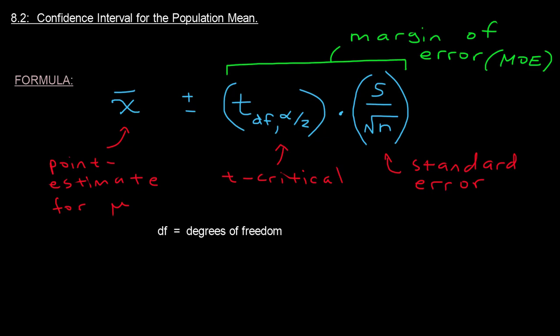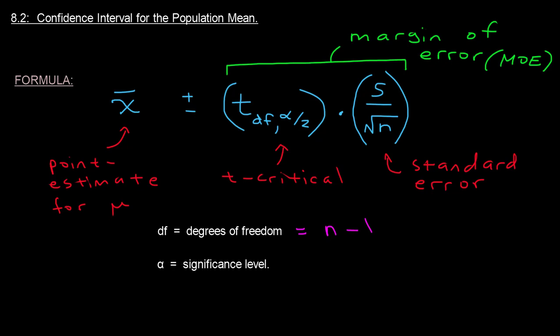I would like to make a sort of glossary of terms here, so you've got all your notes in one place. I want to remind us what degrees of freedom is. Recall, degrees of freedom is just sample size minus 1. No big deal. The next item here I would like to list is alpha. It looks like a little fish, but that's a Greek letter alpha.